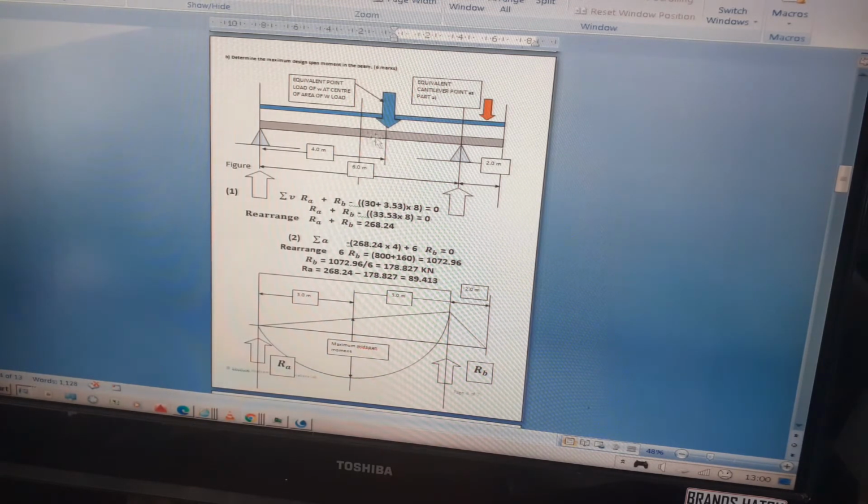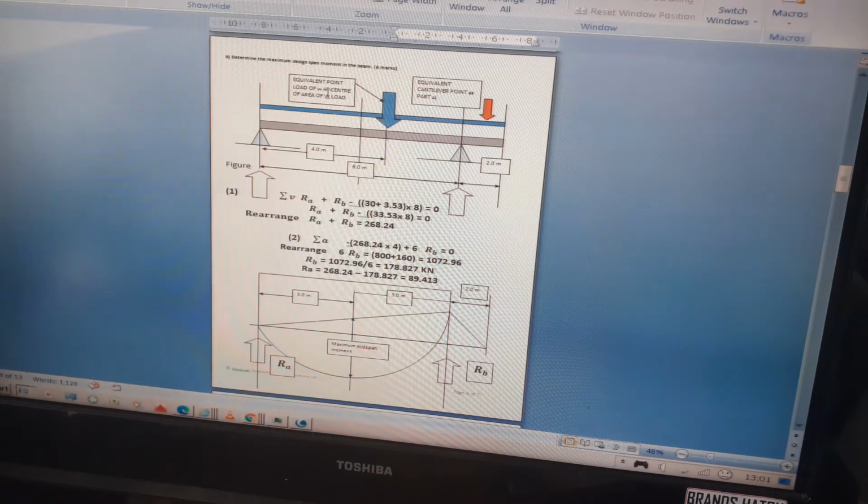So basically what I did for this was I redrew the beam again, and we've got the UDL over the whole length of the beam, which I just calculated as 33.53. That blue line is the UDL over the entire beam, including the self weight, 33.53.